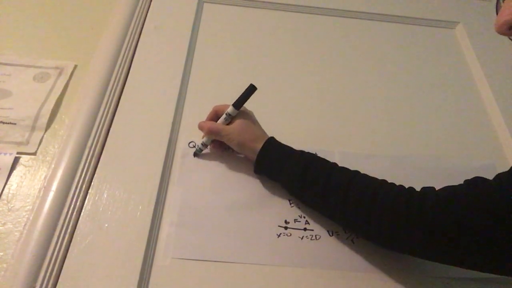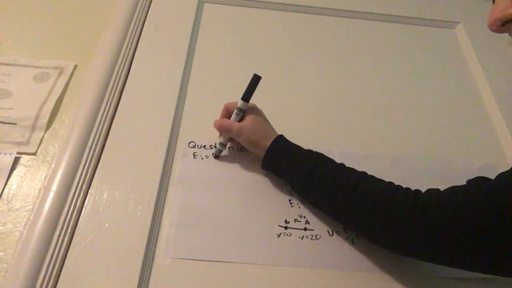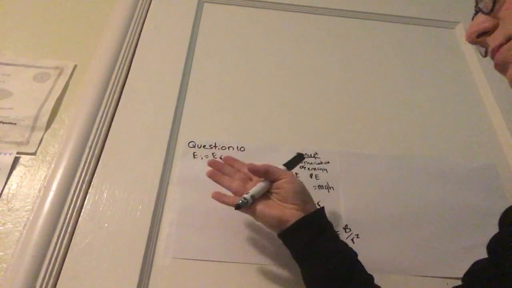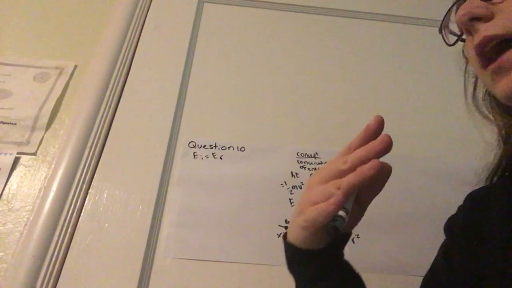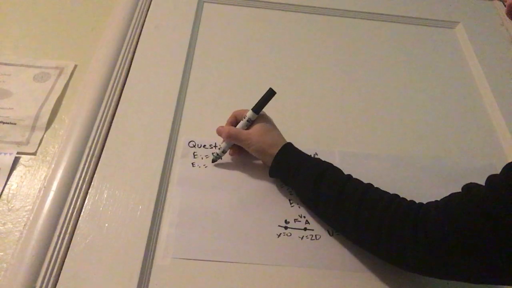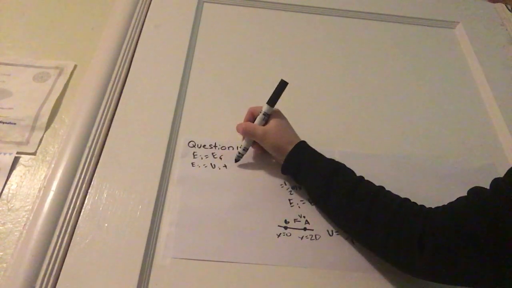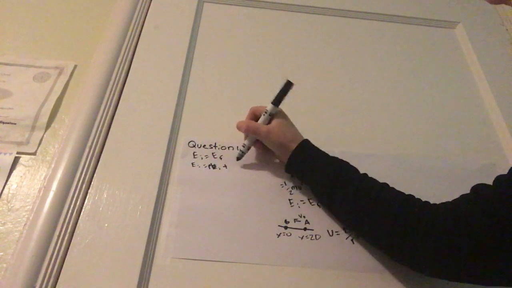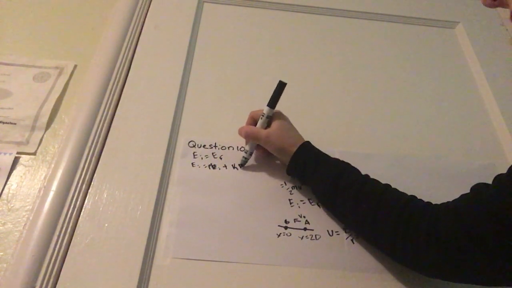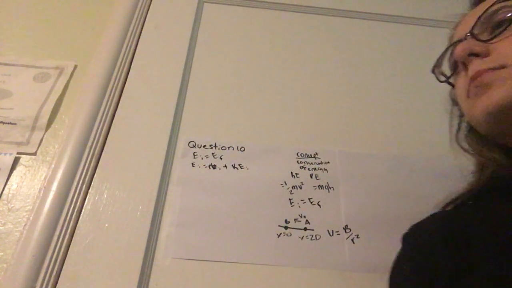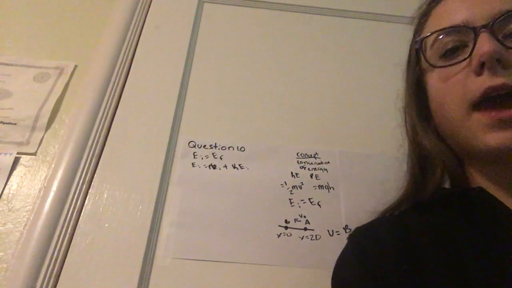So I'm going to put here: initial energy is equal to the final energy of the system. First I'm going to deal with the initial energy. E initial is going to be equal to the initial potential energy plus the initial kinetic energy, because kinetic plus potential is the total energy.